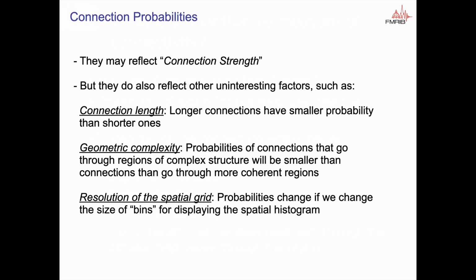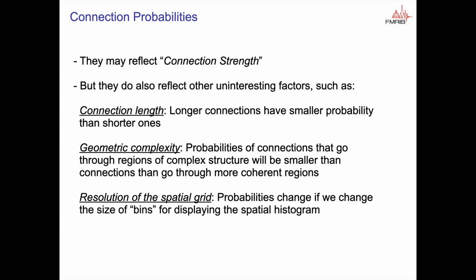But the reproducibility that we actually measure will be affected by many more things, such as the connection length. In general, longer connections will have smaller probabilities because more streamlines will just accidentally move off the tract, and there will be fewer streamlines that are able to follow the white matter tract fully if it's longer, even if it has the same number of axons as a corresponding shorter white matter tract.